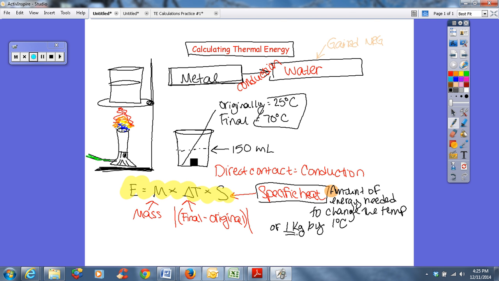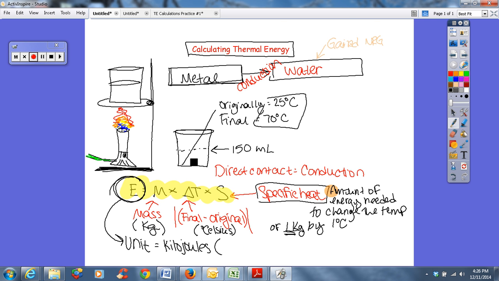So since specific heat is referring to 1 kilogram, mass has to be in kilograms, temperature has to be in degrees Celsius, and that will produce for us our final calculation, and the unit will be kilojoules, which is abbreviated kJ.